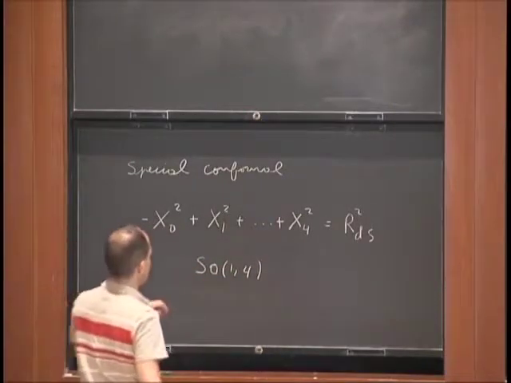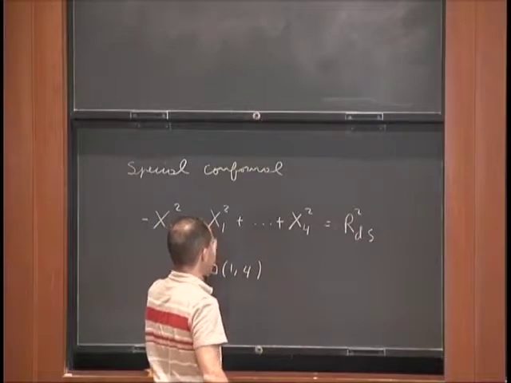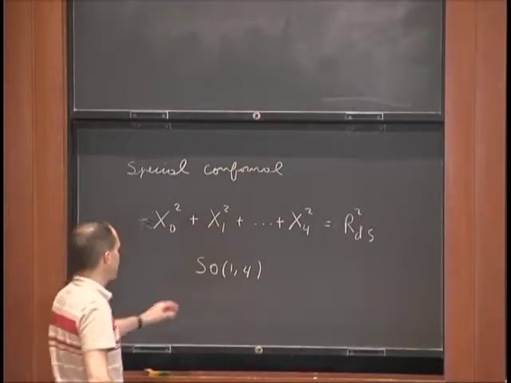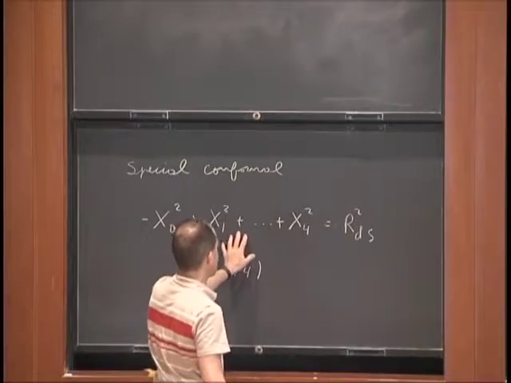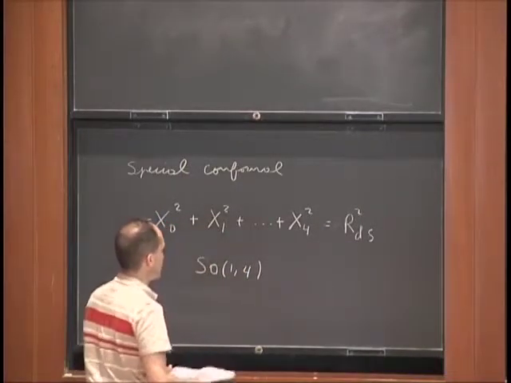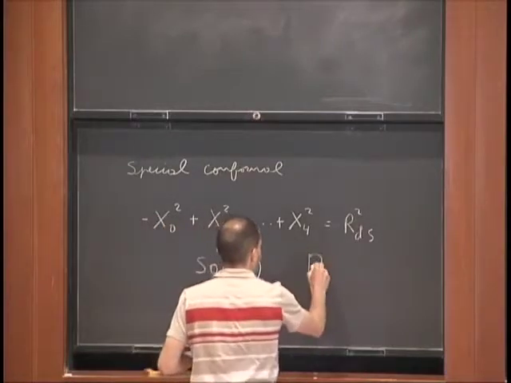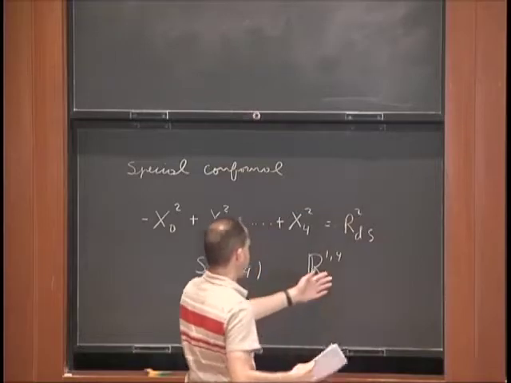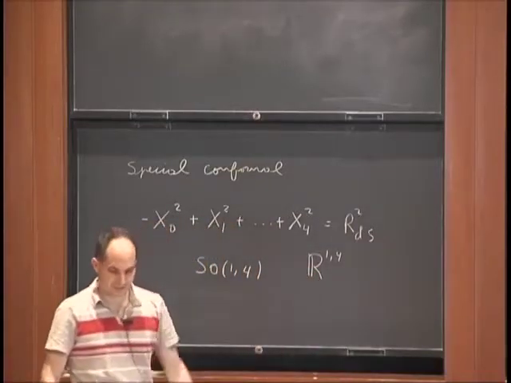So we have 5 coordinates in total, and one constraint for the 4 coordinates. And this is the group that leaves this equation invariant, and this equation is embedded in R^{1,4}. So with the metric of R^{1,4}, it's also a symmetry of the metric.